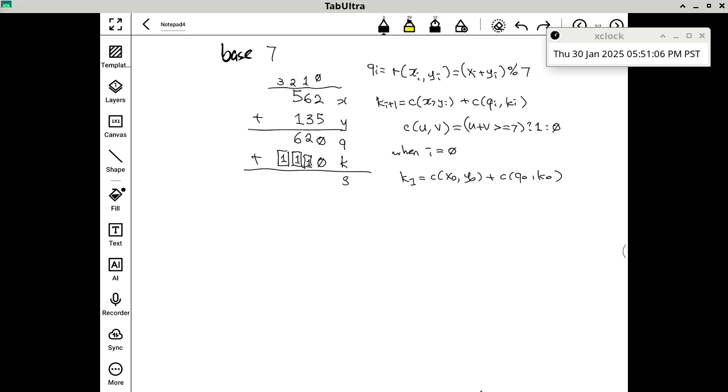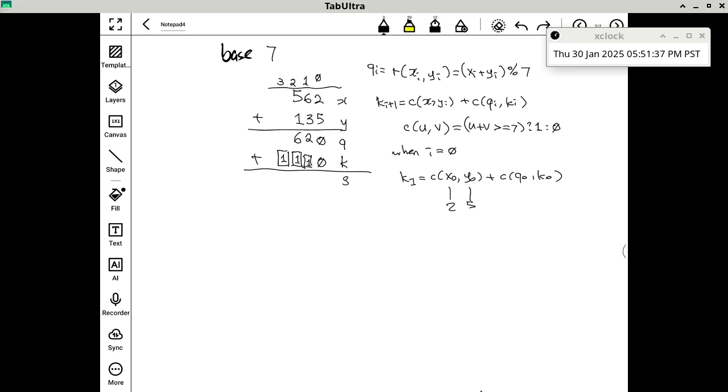So is your question about the C function, or is your question about the addition? You just use the values, right? What is x0? And what is y0?